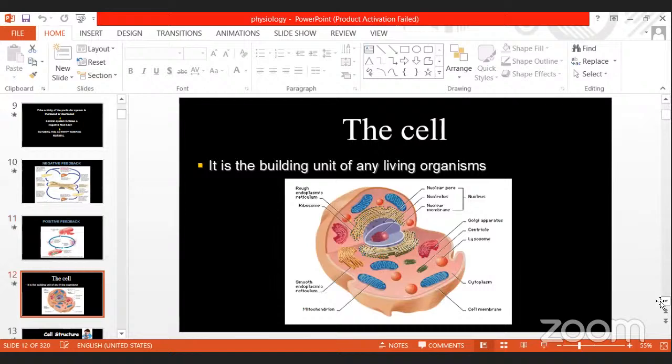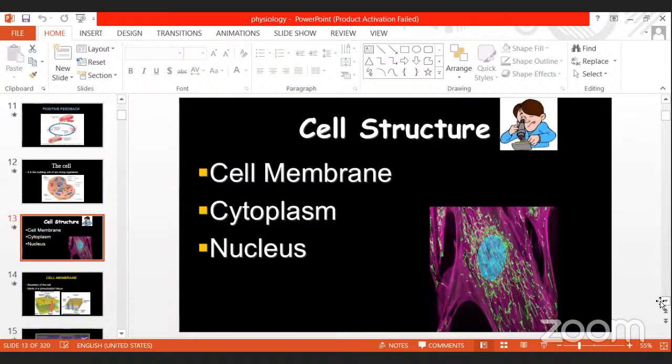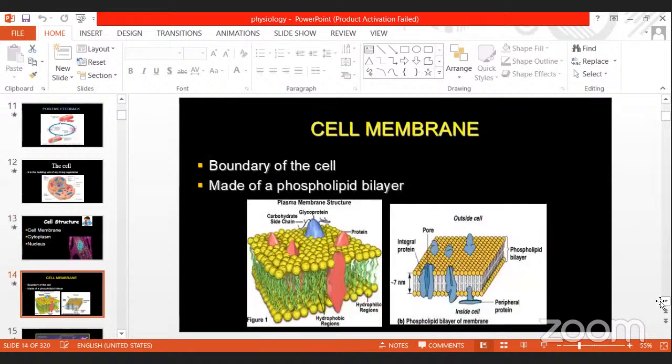Coming to the cell, that is the basic unit of any living organism, which has a cell membrane, cytoplasm, and a nucleus. The cell membrane is the boundary of the cell, which is made up of phospholipid bilayer.